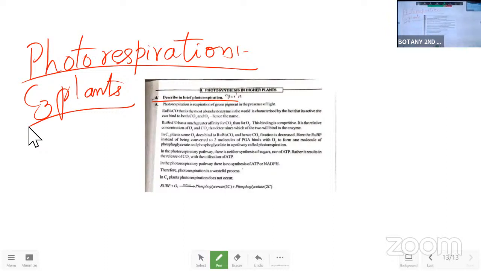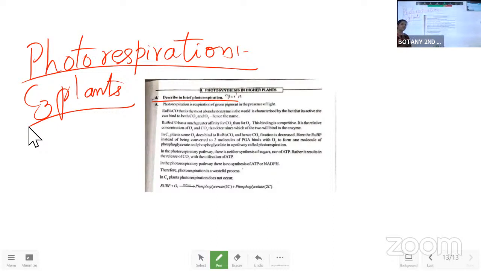So how do these plants do respiration in the presence of sunlight? Whenever much more oxygen is there in the surrounding atmosphere, the C3 plants will switch over to photorespiration instead of photosynthesis.